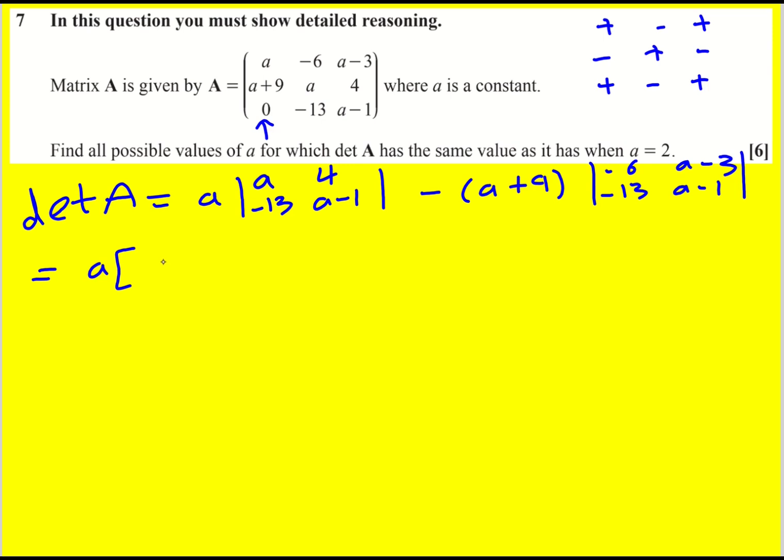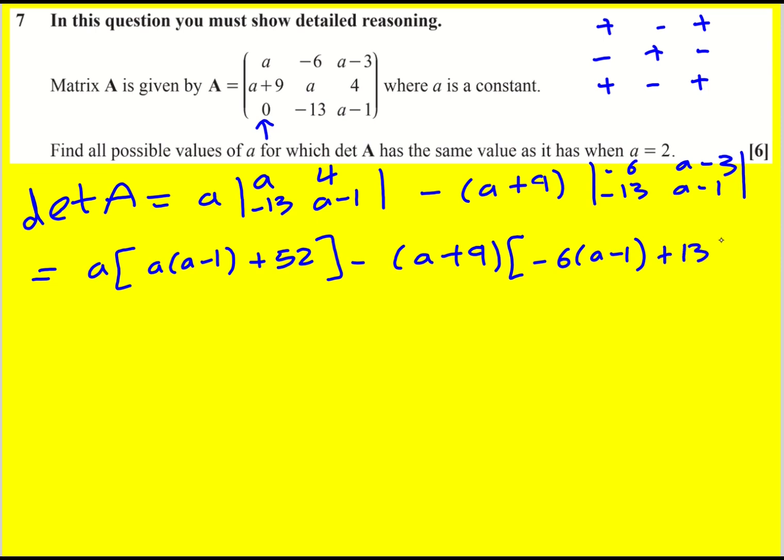Right, so I'm going to get a times (a minus 1), minus 4 times 13, which is plus 52, minus (a plus 9), minus 6 times (a minus 1), minus 13, so that can become plus 13 times (a minus 3).